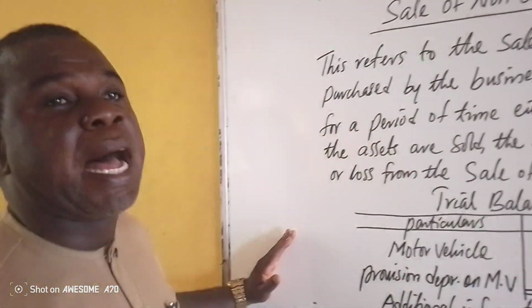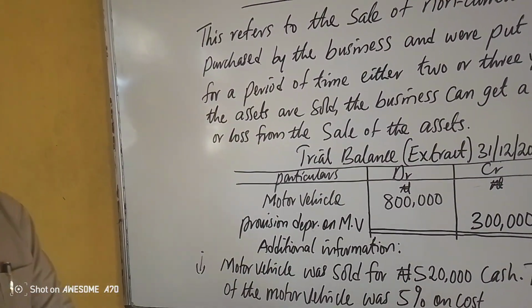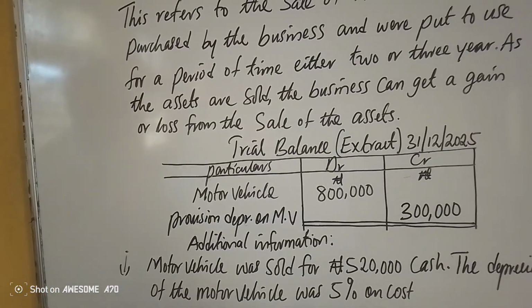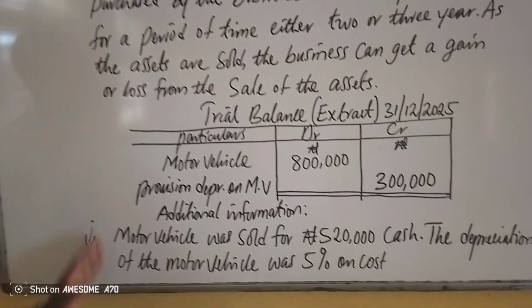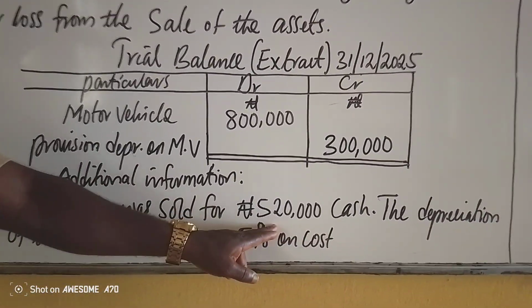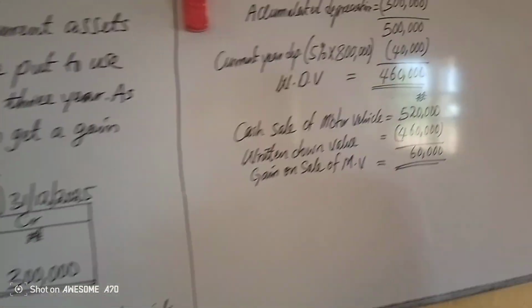If you go to the format of profit or loss, you will discover that profit on sale of non-current assets is an item under other income, which is added to gross profit. So at this point, we have to determine whether the motor vehicle sold at 520,000 is sold at a gain or at a loss. Let's go to the workings quickly.